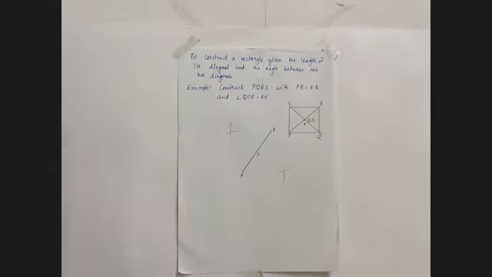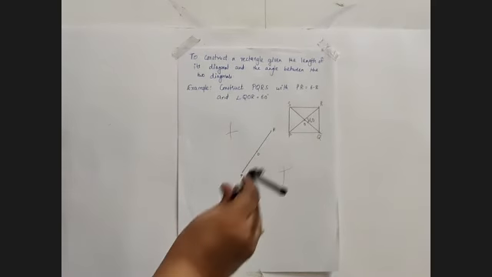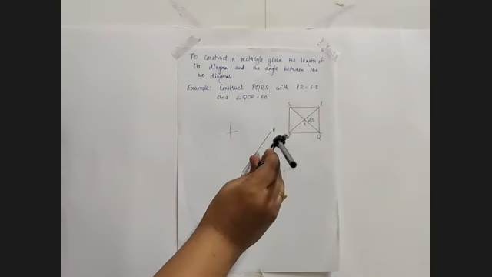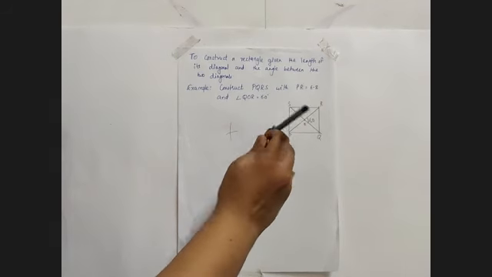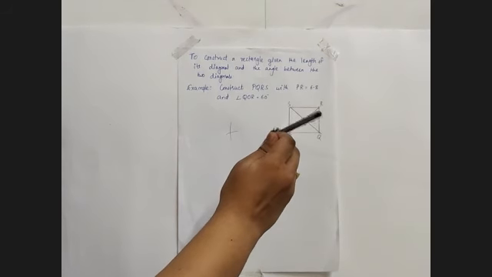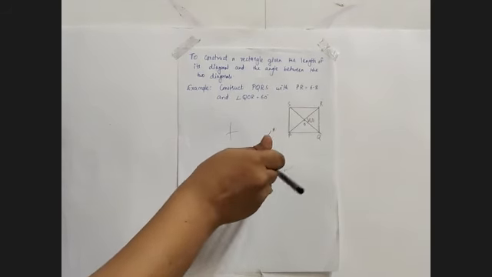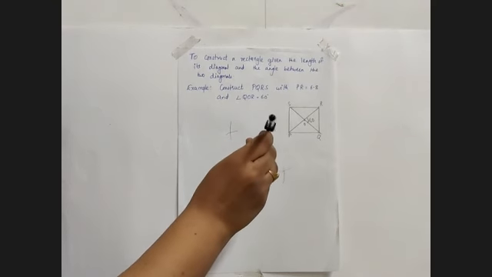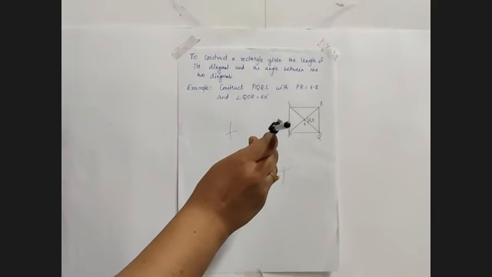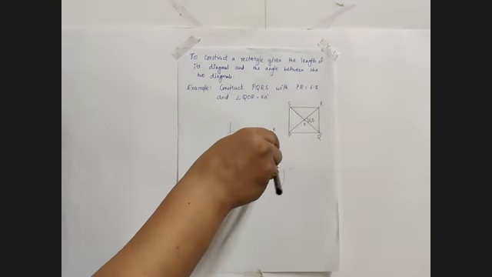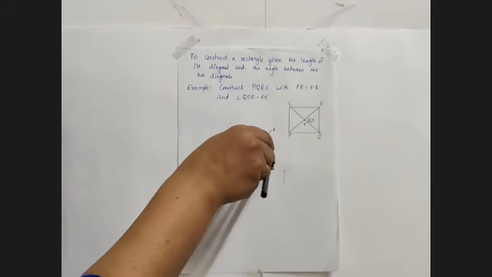Now we have to construct 60 degree. So how we will construct? We will take O as the center. This will be my baseline, right? And now from this point we have to cut. The angle is upside down, right?